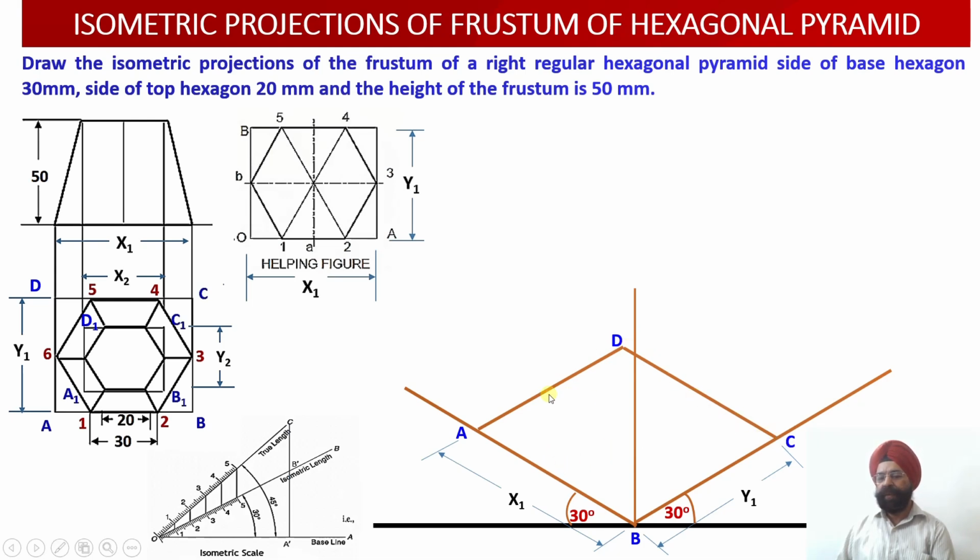Similarly, another isometric line has been drawn which corresponds to the edge AD. This is our edge AD of the larger rectangle which corresponds to the base. So now we have obtained all four edges of the rectangle, and once we draw this rectangle, the next step is to complete the construction of the rectangular prism.